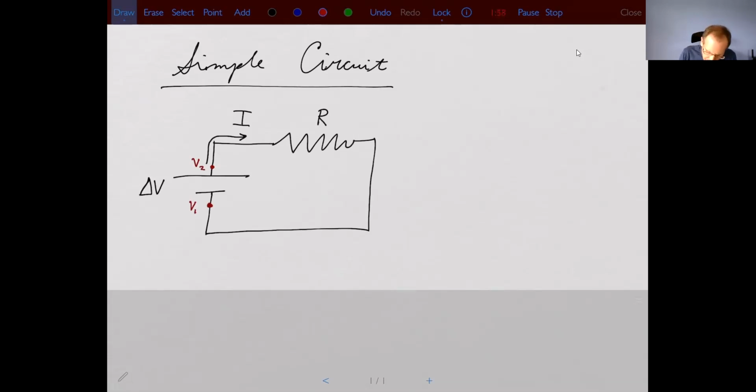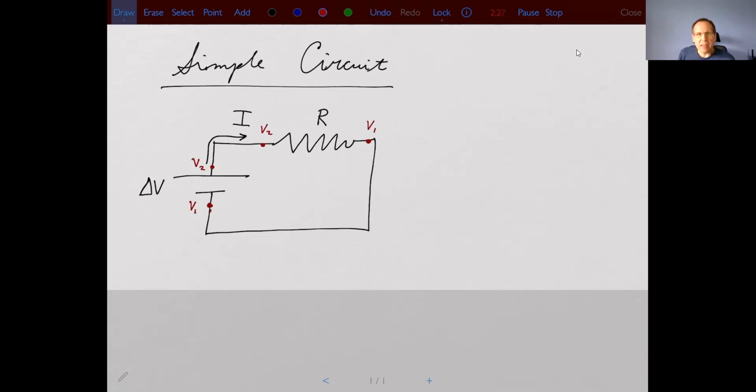Now, because these are just wires that connect everything, we assume that the wires are really good conductors. They have very low resistance. That means the potential V1 is not going to change much because there's almost no resistance in the wire, so the potential will be V1 over here, and this potential will be V2 over here.